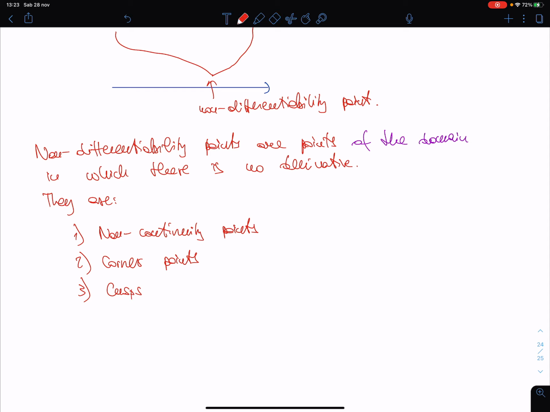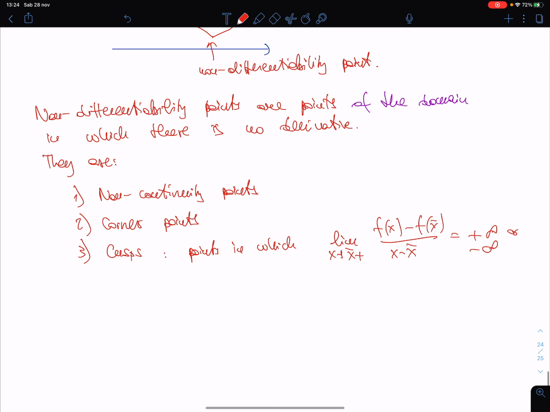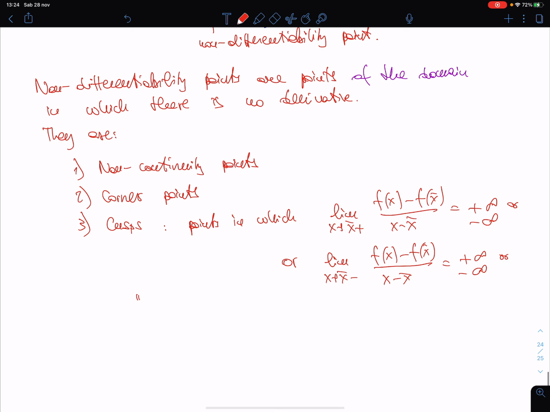Cusps are points in which the limit for x going to x bar from the right of f of x minus f of x bar divided by x minus x bar is plus infinity or minus infinity. Or the limit for x going to x bar from the left of f of x minus f of x bar divided by x minus x bar is plus infinity or minus infinity. These are very spiky corners.